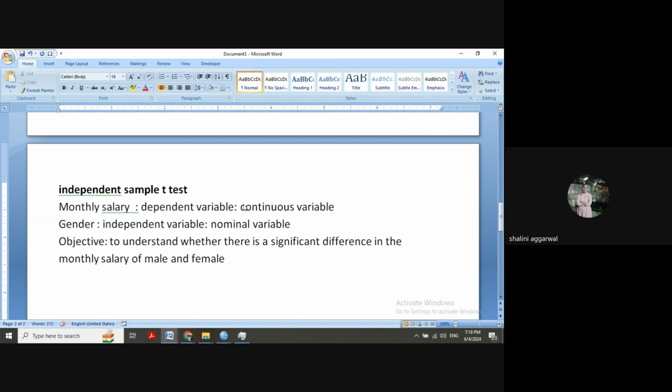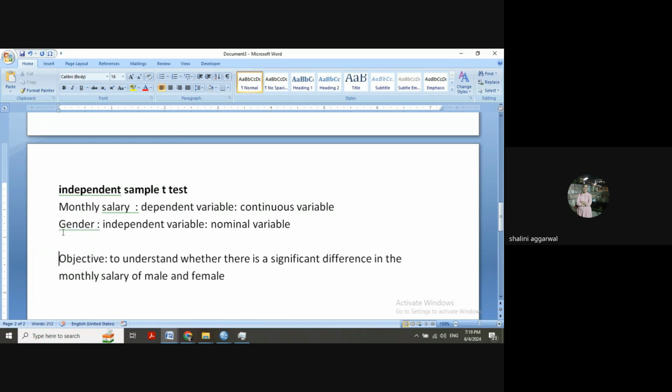Let me repeat this again. So what we are doing is, we are talking about the independent sample t-test where we have taken 2 variables, monthly salary and gender. Monthly salary is your dependent variable. It has to be a continuous variable. Please understand, it has to be a ratio or interval scale. This you have to remember. When are you going to apply the independent sample t-test?